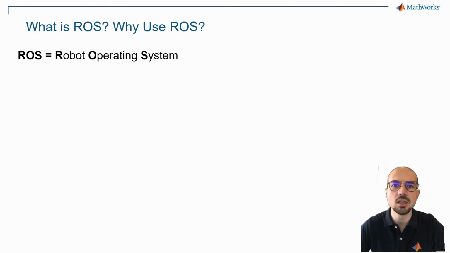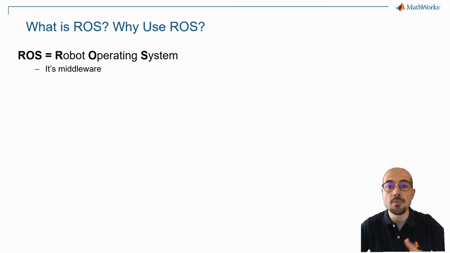What is ROS? ROS means Robotic Operating System. In particular it is a middleware, so it stays a little bit above the operating system. The main purpose of ROS is the capability to interact between the software and the hardware.